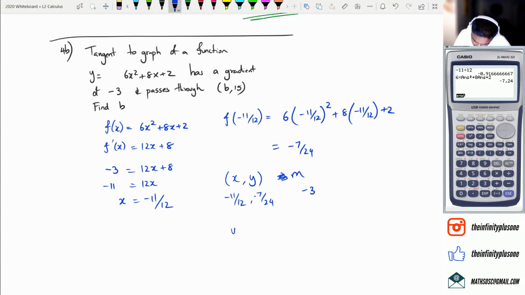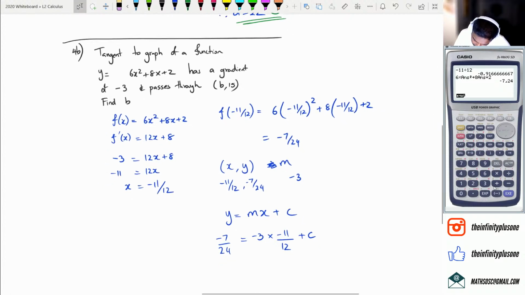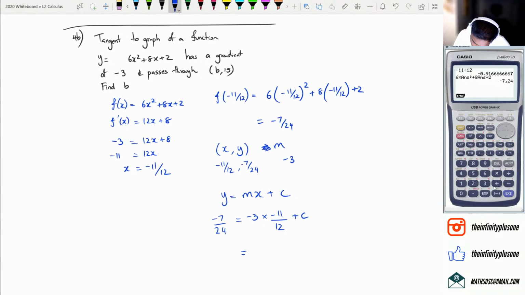So we've got to find the equation of the line first. So I'm going to use this. We've got negative 7 over 24 equals minus 3 multiplied by negative 11 over 12 plus c. And c is equal to negative 7 over 24 plus 3 times negative 11 over 12. Again, I'm going to do this in the calculator.